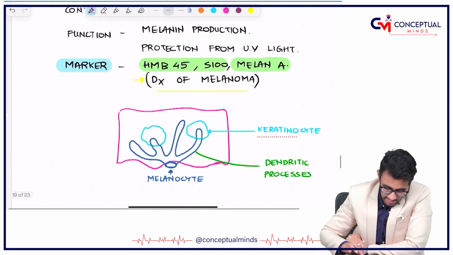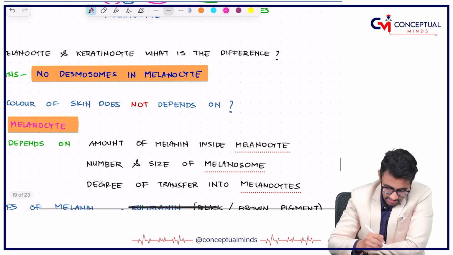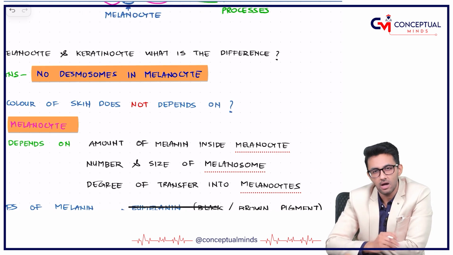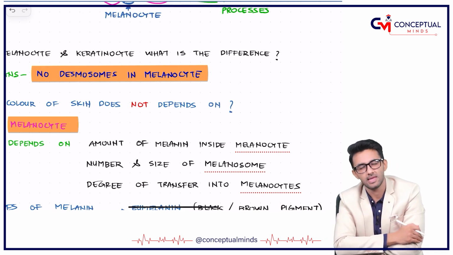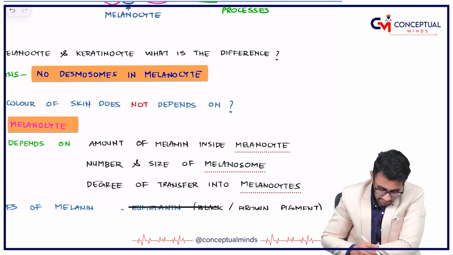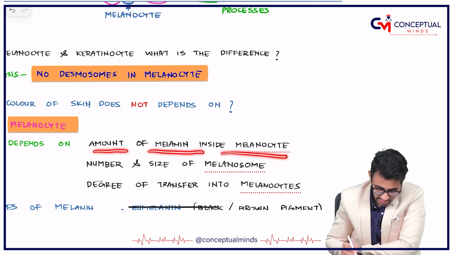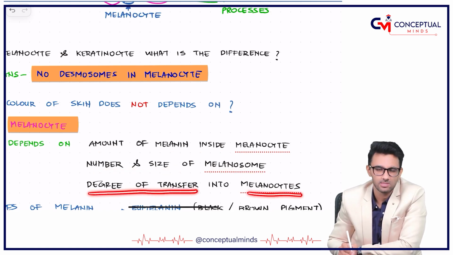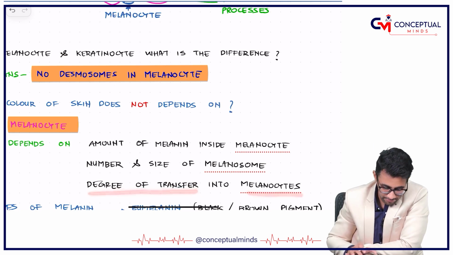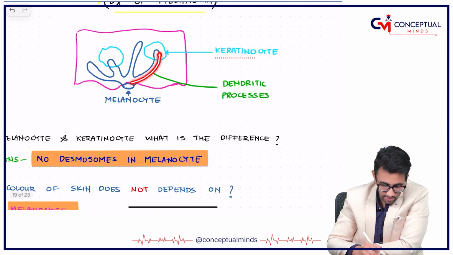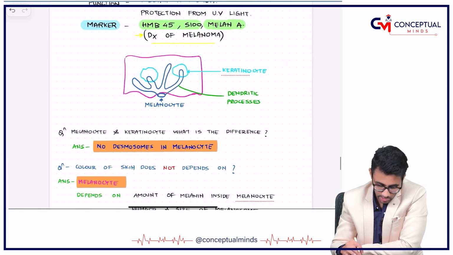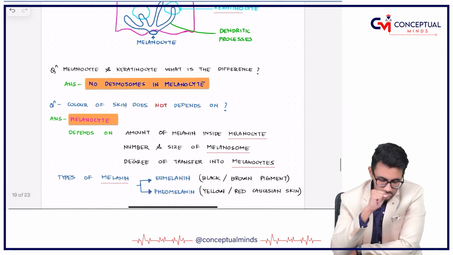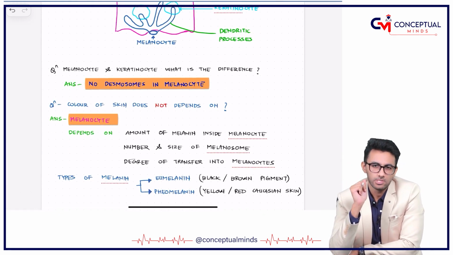Let us come to these three important statements. If you don't know the concept, 100% we can fall in a pit and get it wrong. So: amount of melanin inside the melanocyte, number and size of melanosomes, and degree of transfer. How much does it transfer, the amount and quantity. These things are the ones responsible.